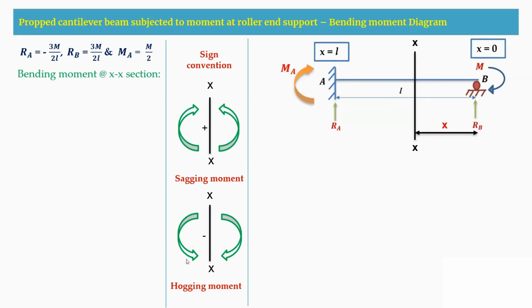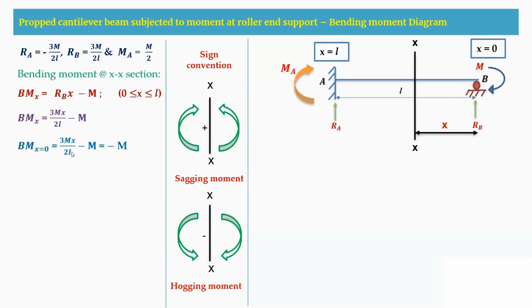When the arrows are heading downward towards the section, it is considered negative, that is hogging moment. While writing the equation for the bending moment, RB is heading upward, therefore RB into X is positive, and the moment M acting at B is heading downward, so it is minus M. The limits here are 0 to L.